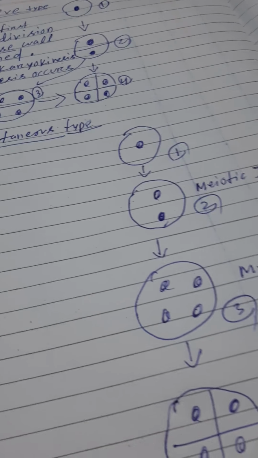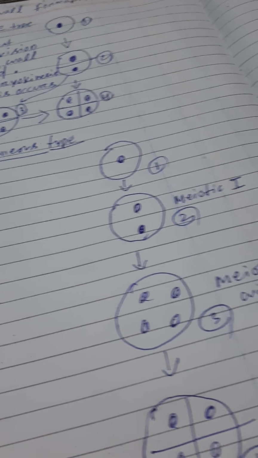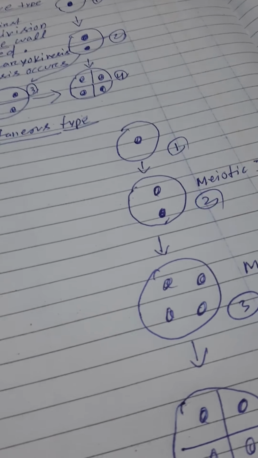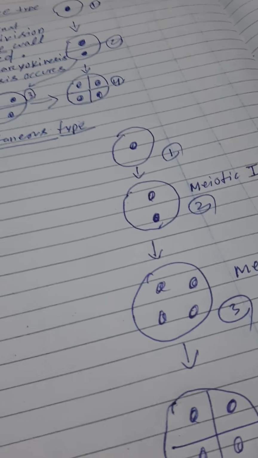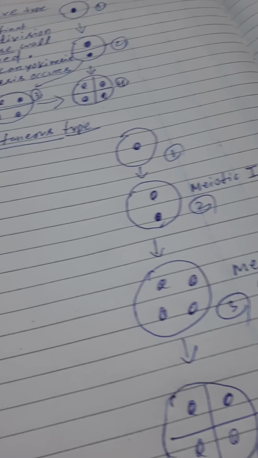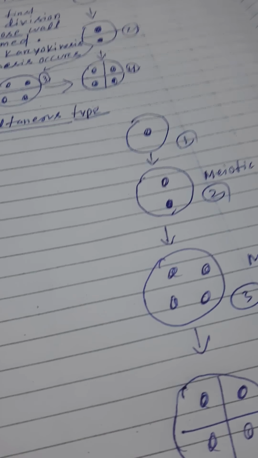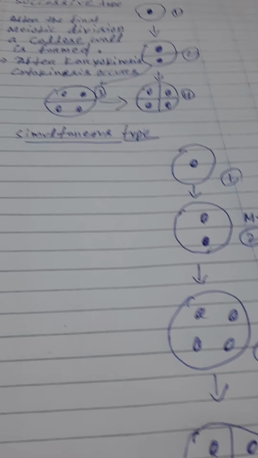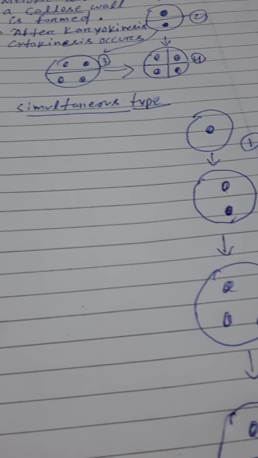I would like to remind you once again that in the sporogenous tissue, every cell behaves as a microspore mother cell, and each microspore mother cell undergoes meiotic division, which gives rise to microspores.